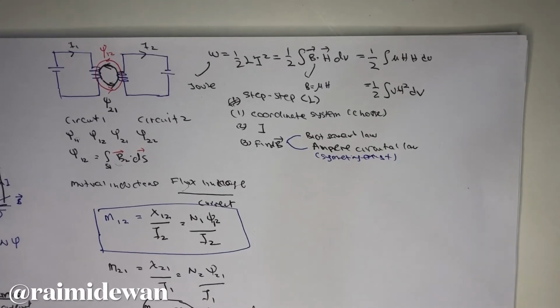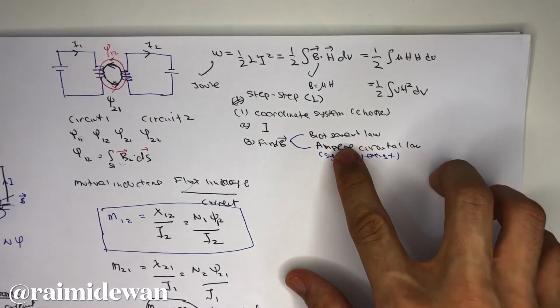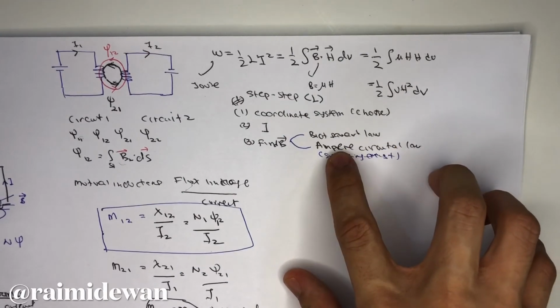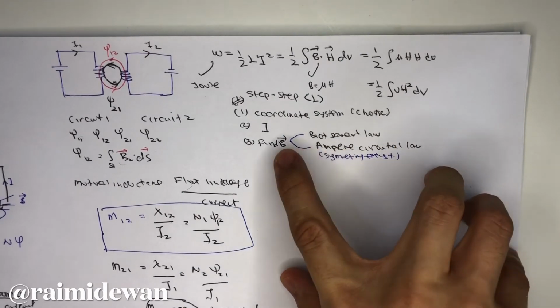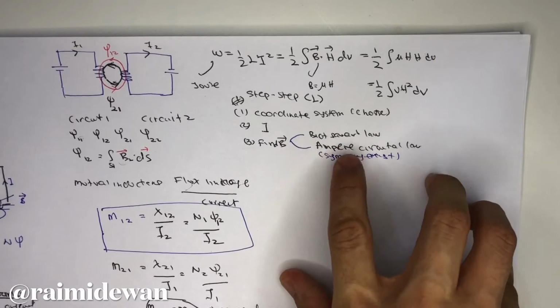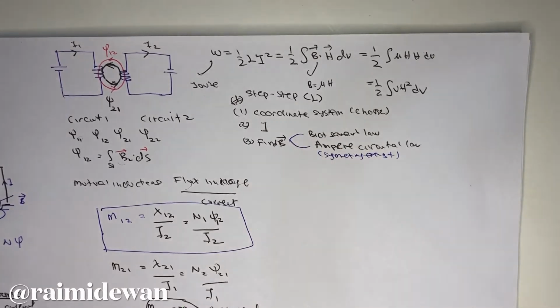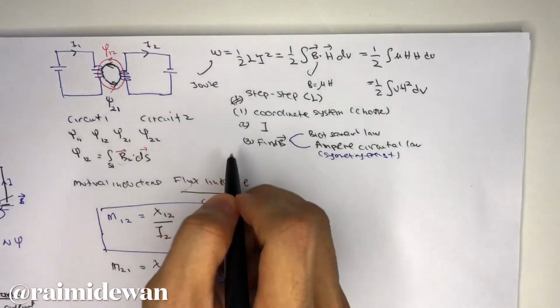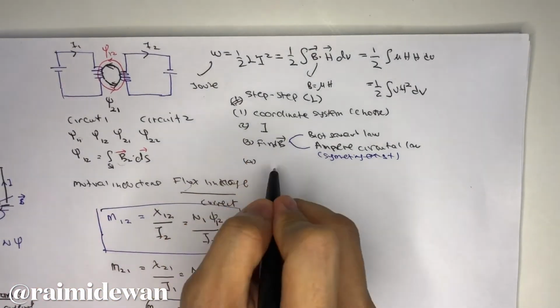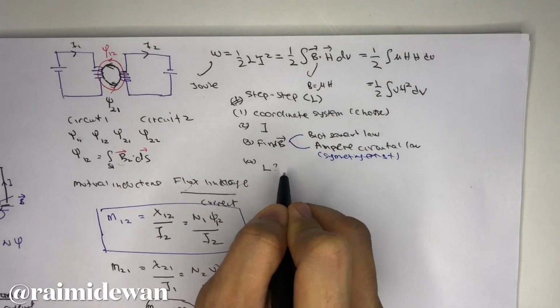In electrostatics, symmetry and uniform charge distribution. So similarly with Ampere circuital law, symmetry must exist, only then you are able to determine this B using Ampere circuital law. And the fourth step is actually we will find our L, okay? How do we find our L?